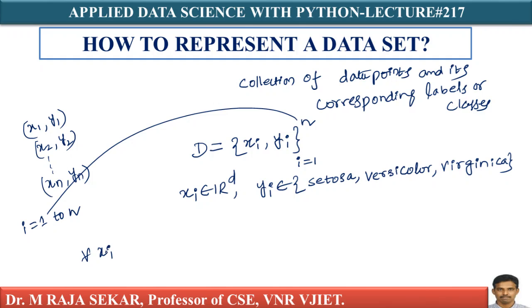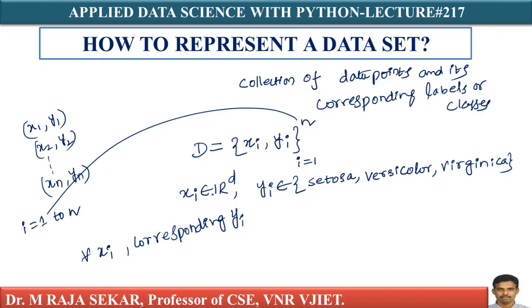For every xi, I have a corresponding yi. I have n such data points. This n represents the number of data points in my data set.